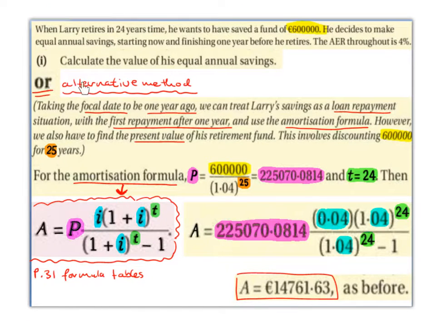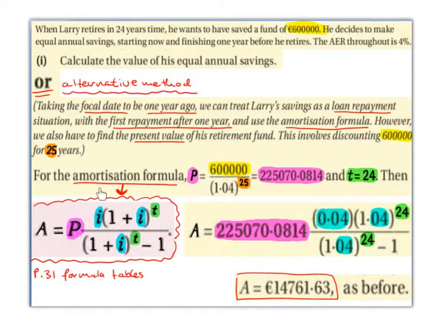Or the alternative method. Taking the focal date to be 1 year ago, we can treat Larry's savings as a loan repayment situation, with the first repayment after 1 year, and use the amortization formula. However, we also have to find the present value of his retirement fund. This involves discounting €600,000 for 25 years.